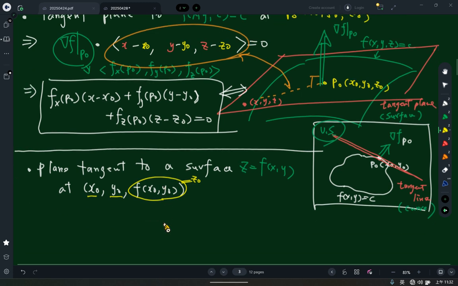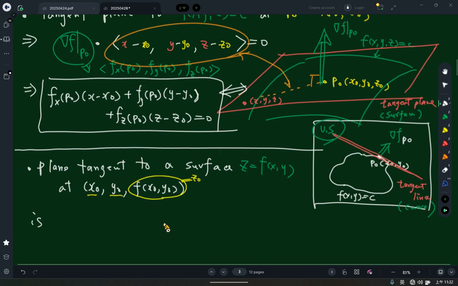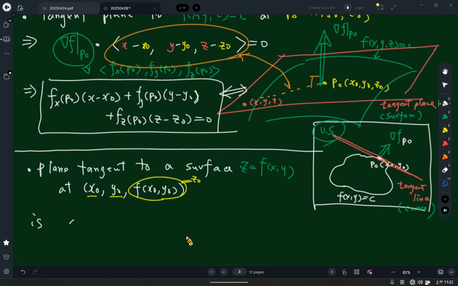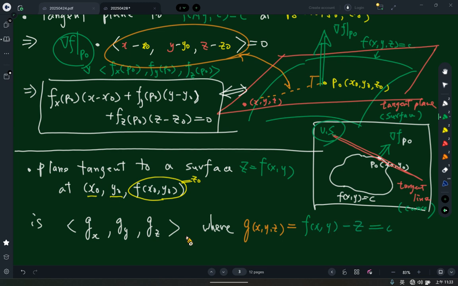So based on the idea, we can regard it as partial g, partial x, partial g, partial y, partial g, partial z, where we just define a new function g of x, y, z is equal to f of x, y minus z is equal to 0.